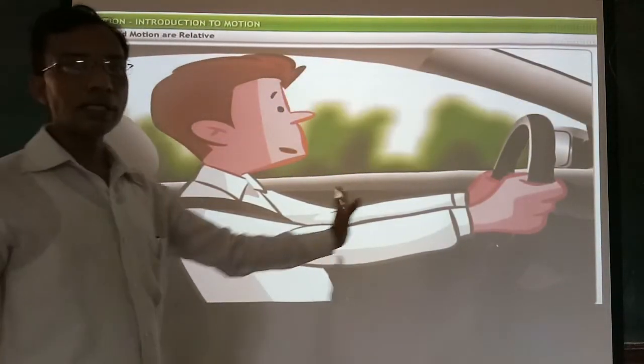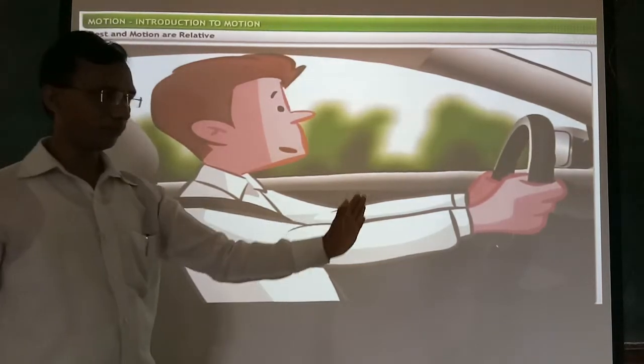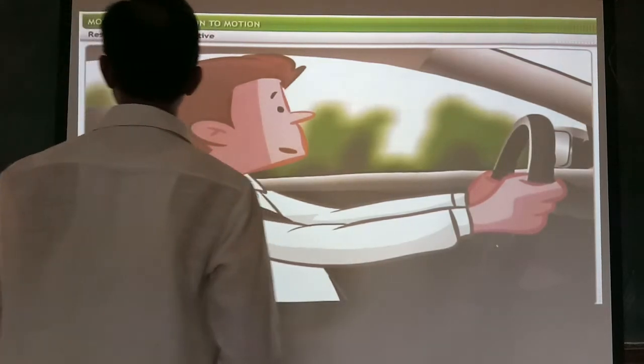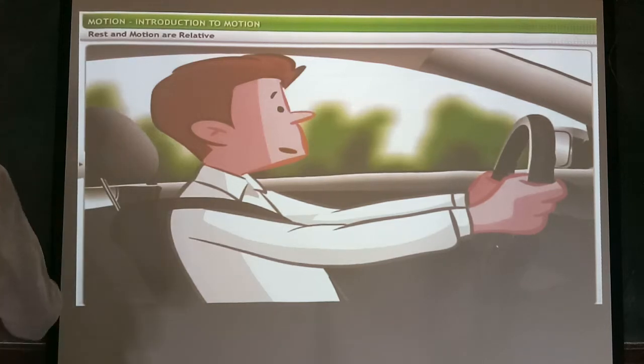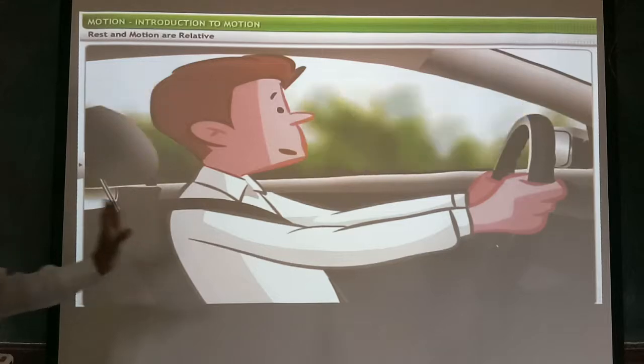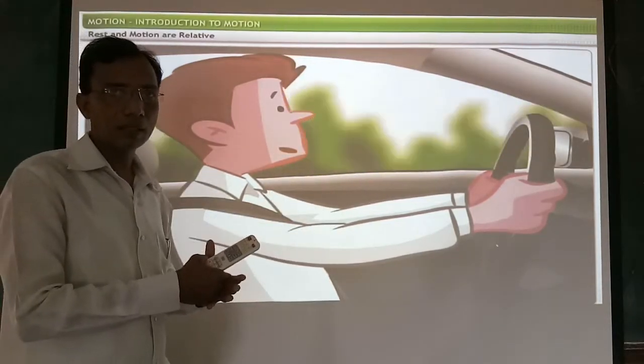Here the car is in motion. With respect to this, we take the rest position as well as motion. Both are relative. One man is inside the car and starts the car.